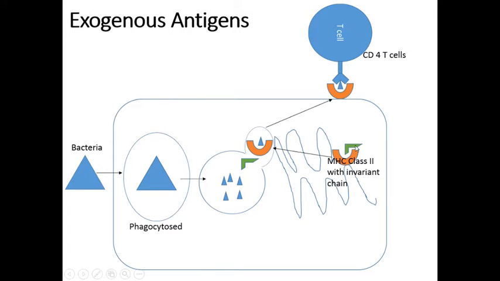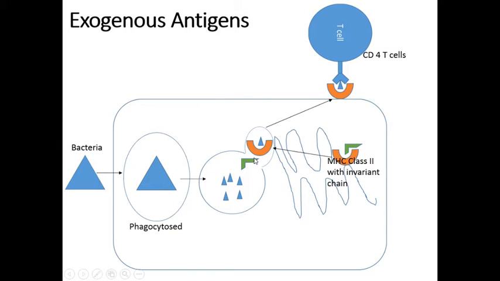What happens is this phagocytosed bacteria forms the phagolysosome and is degraded into amino acids, and this MHC class 2 will be transported to the phagolysosome, and once it reaches the phagolysosome, the acidic pH will cause the invariant chain to dissociate.